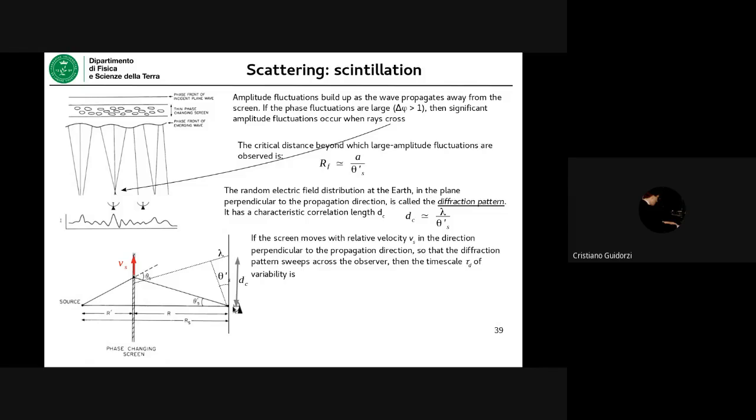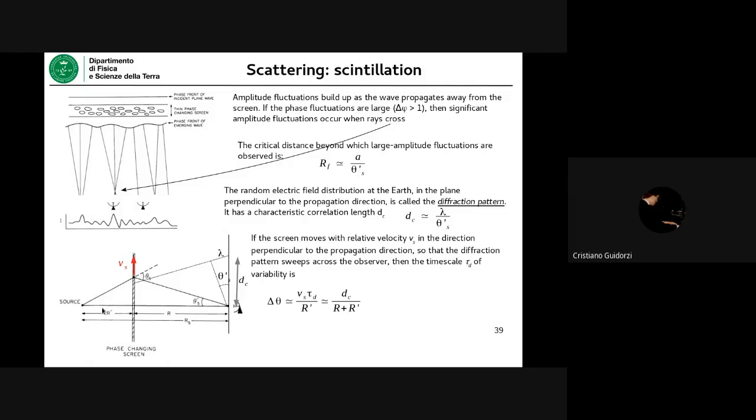This is what is called scintillation. Scintillation is the flux varying significantly with time, so the variations in flux are comparable with the flux itself. From an observational point of view, you see the flux varying widely. How can I estimate this? Well, if this guy moves here, let's consider Vs as the typical velocity of the screen in this way, perpendicular to the line of sight.